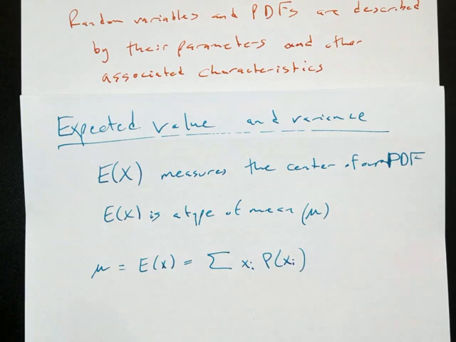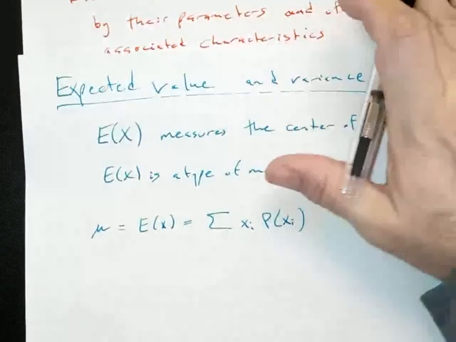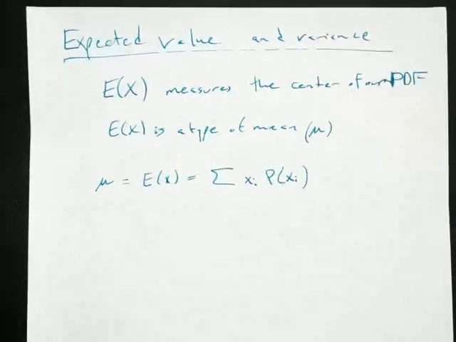How do you get an average? You add up what's there and divide by the total, right? Wait a minute. I'm dealing with a probability. What's the total of all of my probabilities? 1. I don't have to divide by it. It's already incorporated into this setup.